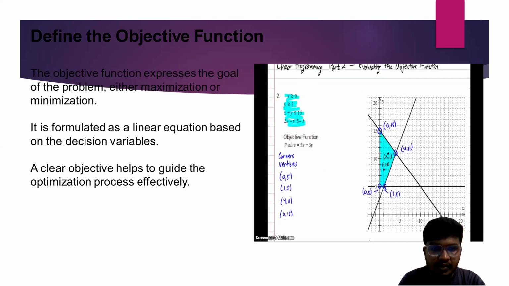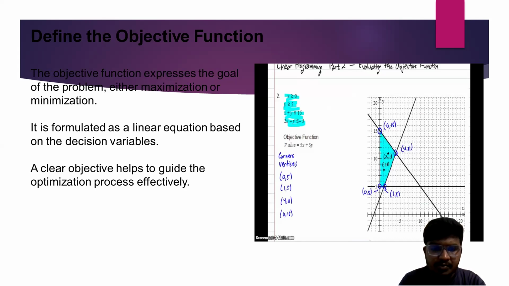Define the objective function. The objective function expresses the goal of the problem, either maximization or minimization. It is formulated as a linear equation based on the decision variables.